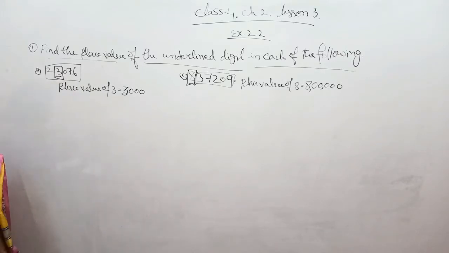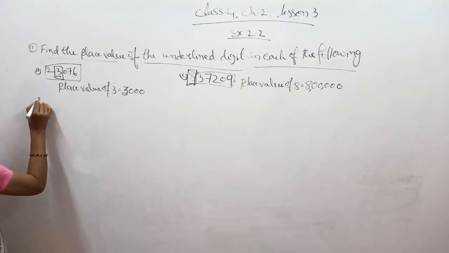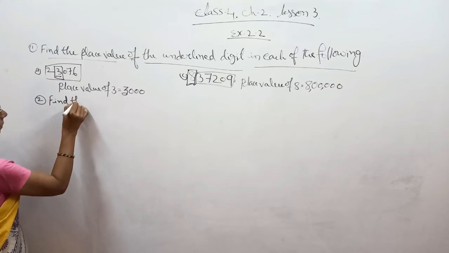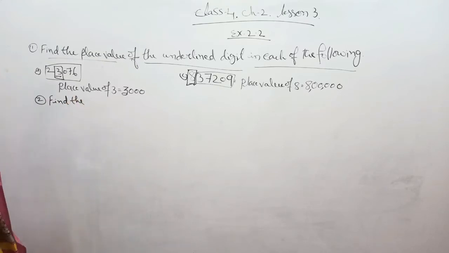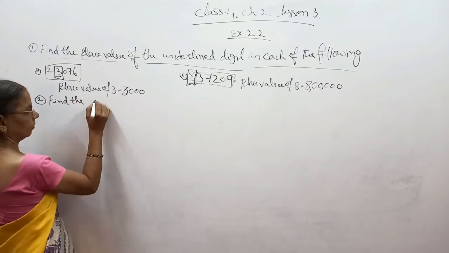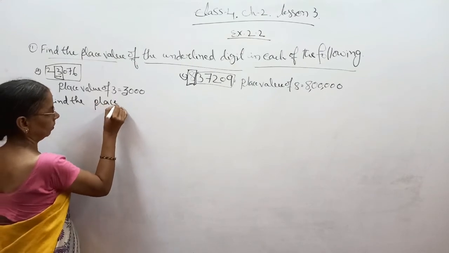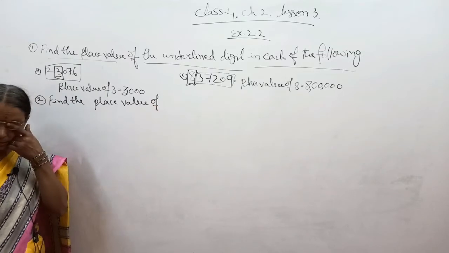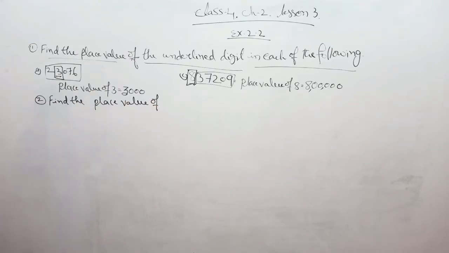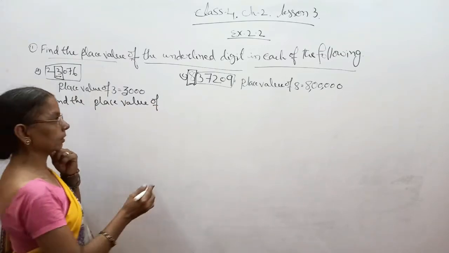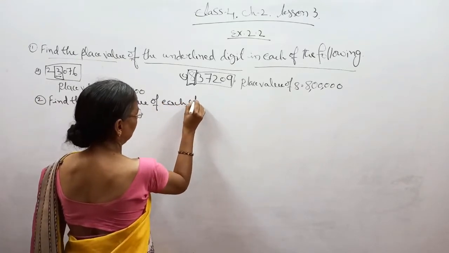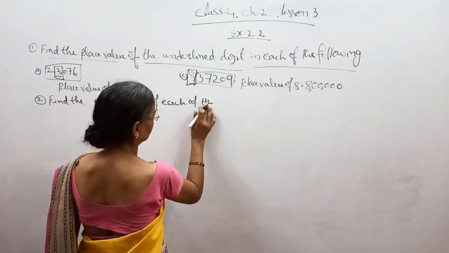Then question number 2. Find the place value of each of the digits in the following.